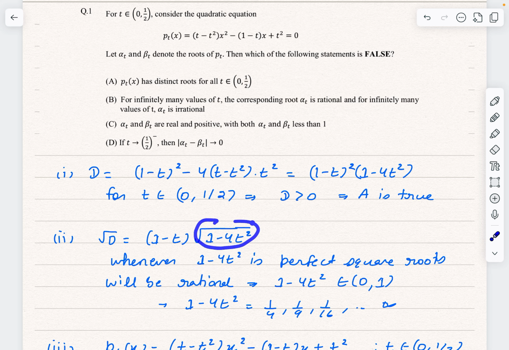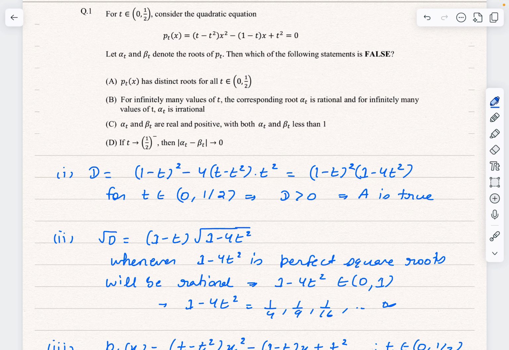Since t is from 0 to 1/2, the range of 1 − 4t² will be 0 to 1 open. In (0, 1) there are infinitely many numbers whose square root is rational, for example 1/4, 1/9, 1/16. So there will be many cases in which we get a rational value after the square root and many cases in which we get irrational values. So option B will also be true.